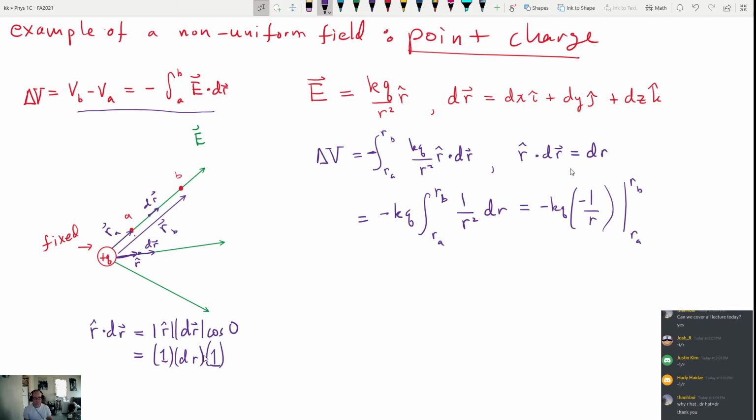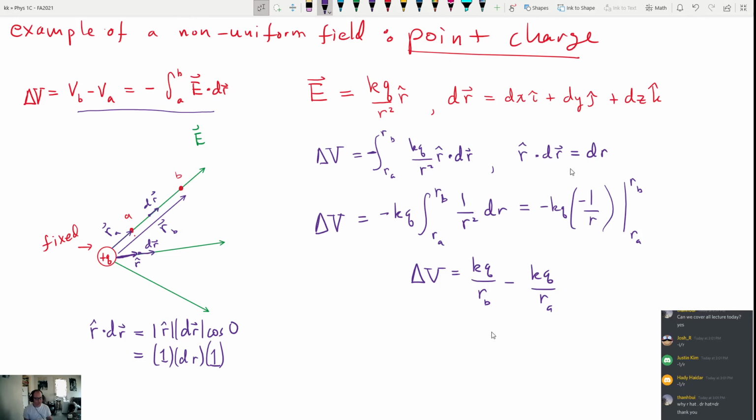Okay, so we have negative KQ times negative 1 over r, from RA to RB. This should all be equal to the change of potential between those 2 points. So we have delta V now is equal to, the negative signs cancel out, so we end up getting KQ over RB minus KQ over RA.